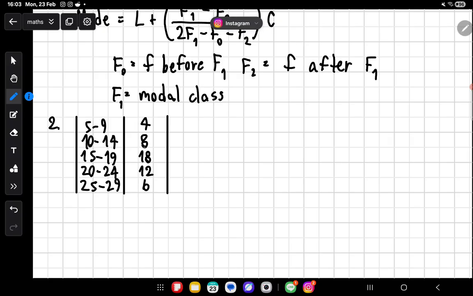First off, 18 is the highest frequency and the class width is equal to 5. This is because 9 minus 5 plus 1 is equal to 5.